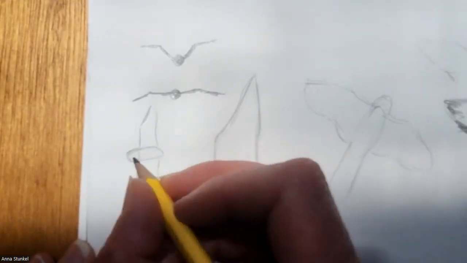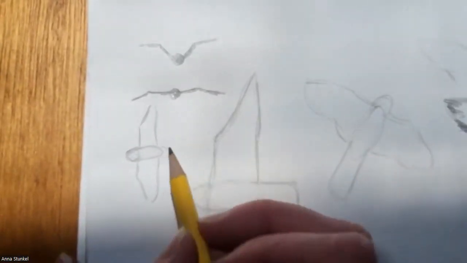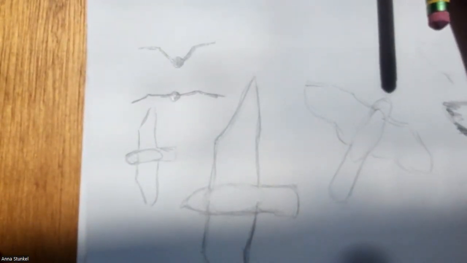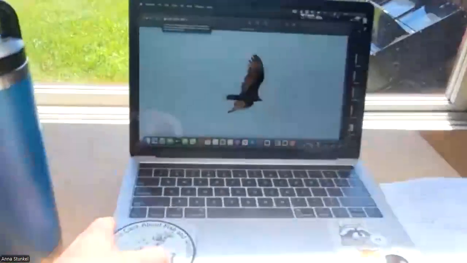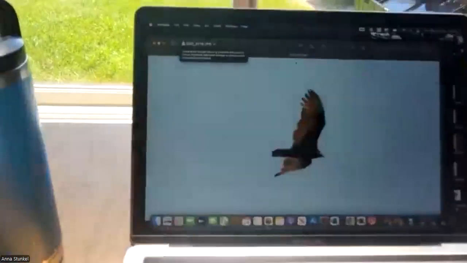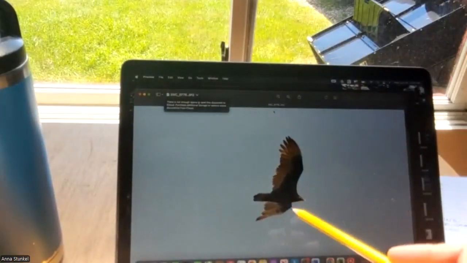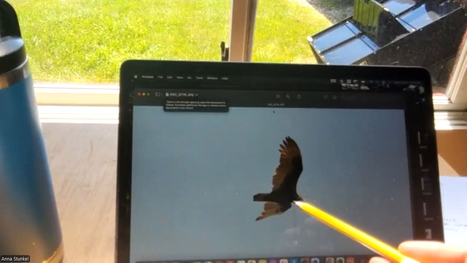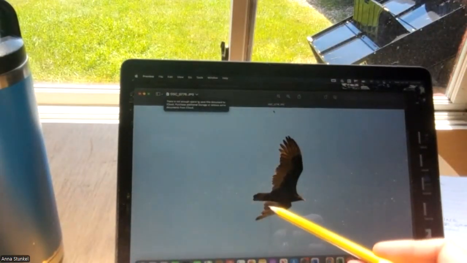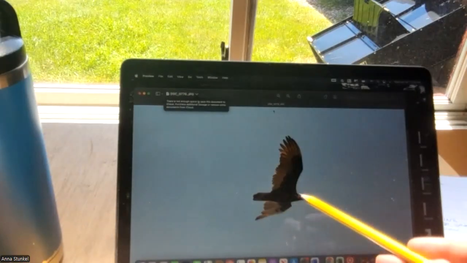And the bald eagle is going to have a larger head than the golden as well. The vulture picture that I attached is a trickier angle, so that's an interesting one to practice. But if you look at it here, there's a wing that's going away, and you can see it's a sharp angle here. It's going up in that dihedral shape.